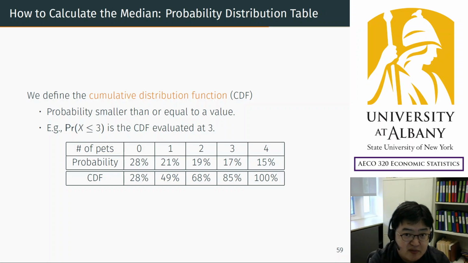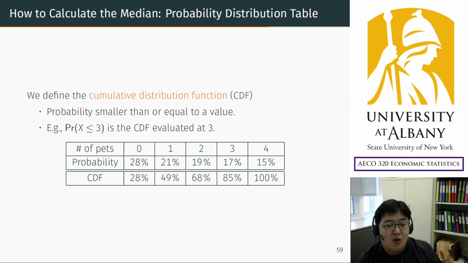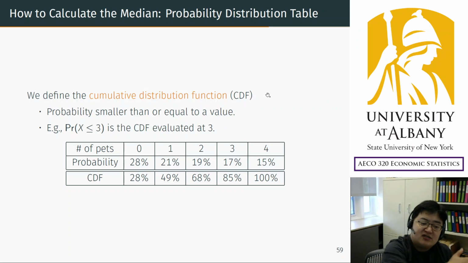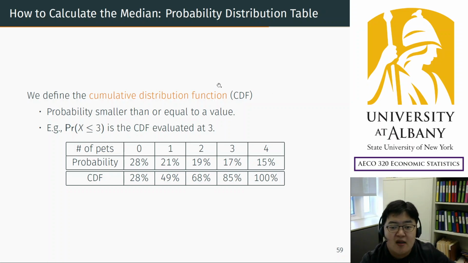But when you have probability, we are going to calculate the probability from the smallest and define the cumulative distribution function. The idea is the same: from the smallest, sum up the probability.